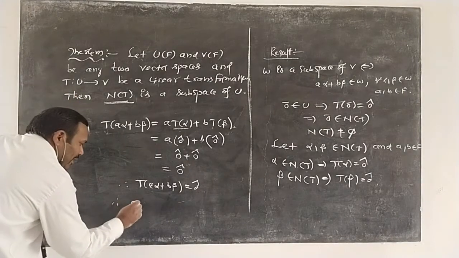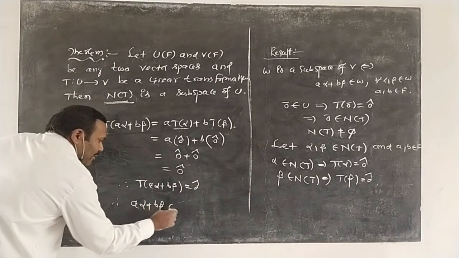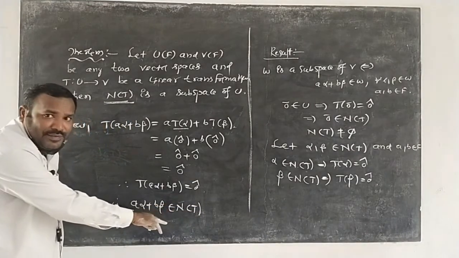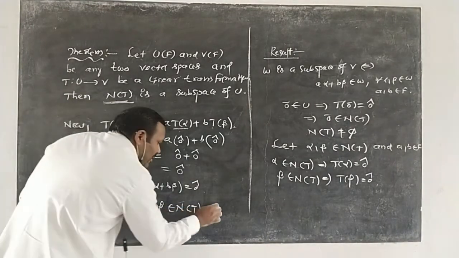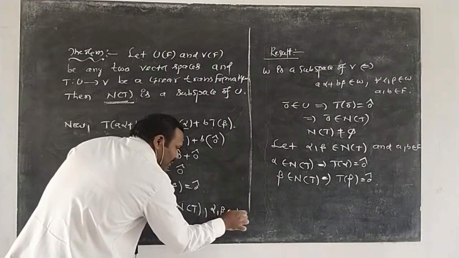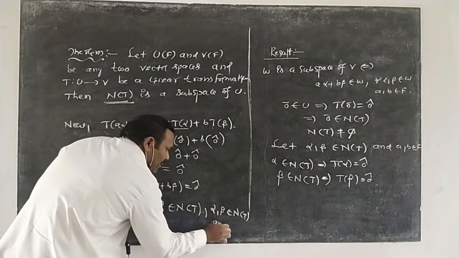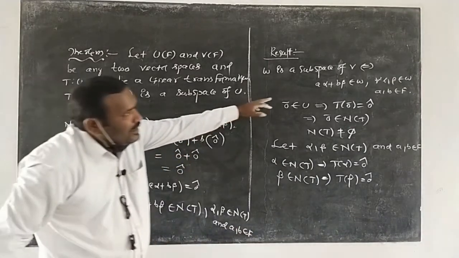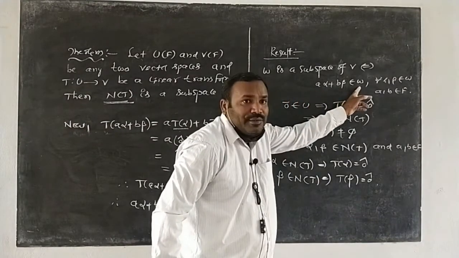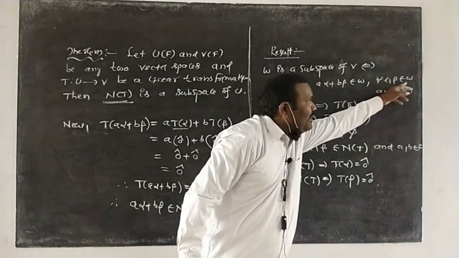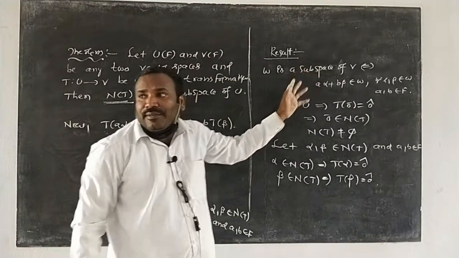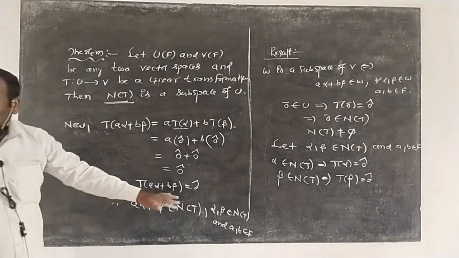Therefore, A alpha plus B beta belongs to N of t, where alpha, beta belong to N of t and A, B belong to F. By this result, if A alpha plus B beta belongs to W for alpha, beta belonging to W and A, B belonging to F, then W will become a subspace. Therefore, N of t is a subspace.